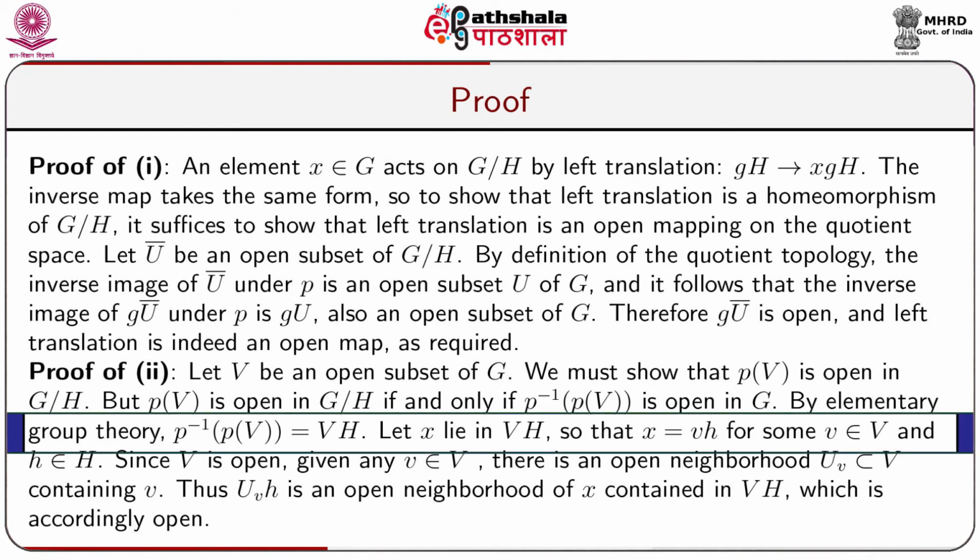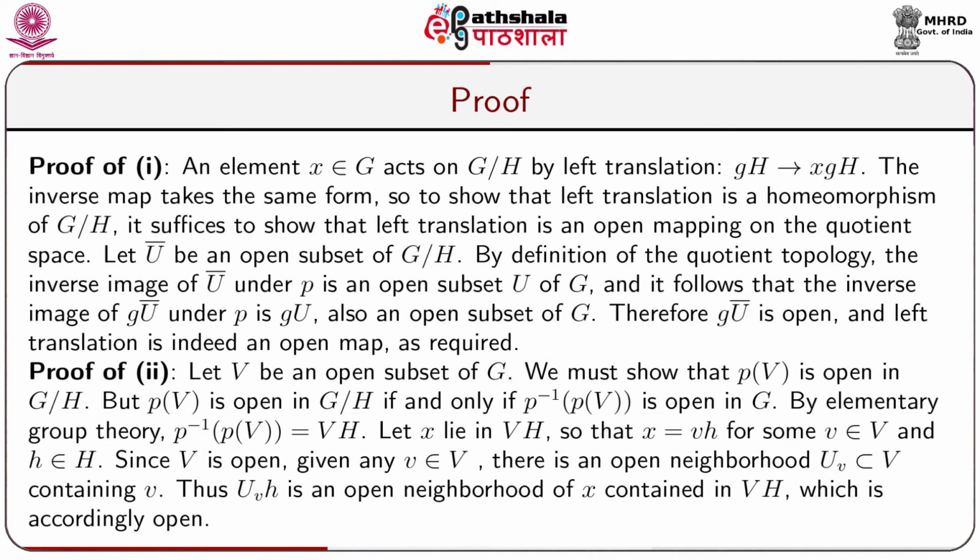By elementary group theory, we have P inverse of P of V is equal to V times H. Now, let X belong to VH, then X is equal to v times h for some v in capital V and h belongs to capital H. Since V is open, given any element v in capital V, there exists an open neighborhood, say U_v, of v such that v belongs to U_v, which is contained in capital V. Thus, U_v times h is an open neighborhood of X contained in VH, which is accordingly open.